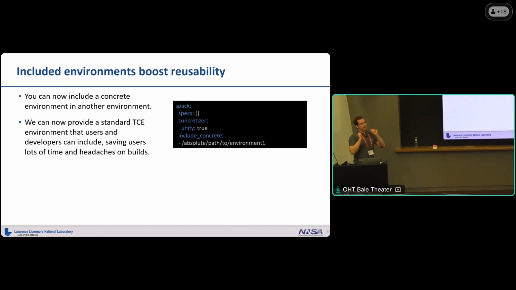Once it's all built and installed, obviously it's been concretized. Your users can then include it in their environment by simply including this absolute path, and then they can build on top of it. And so Spack, the concretizer, will automatically reason about this.